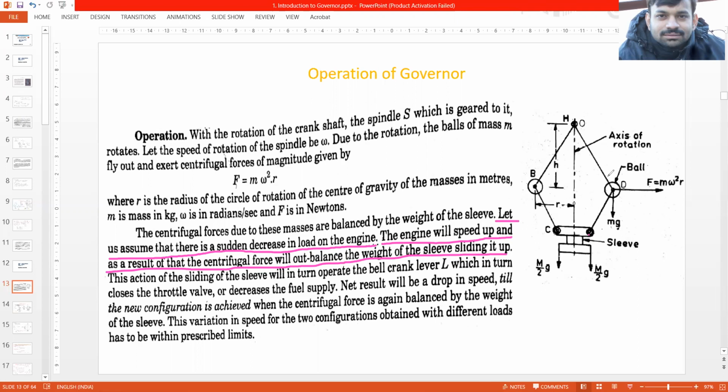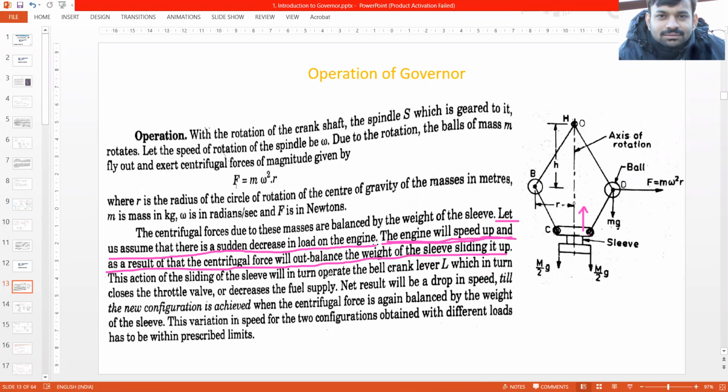As a result, the balls will start rotating at higher speed, and because of it, the sleeve will move upwards. So the radius has increased, the height of the governor has decreased, and the sleeve will move up.